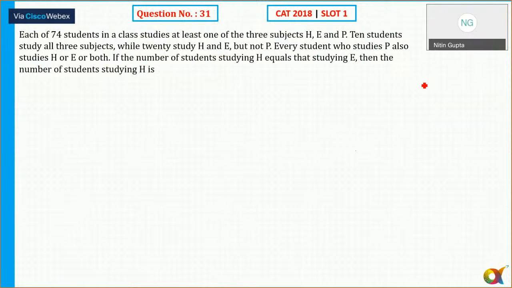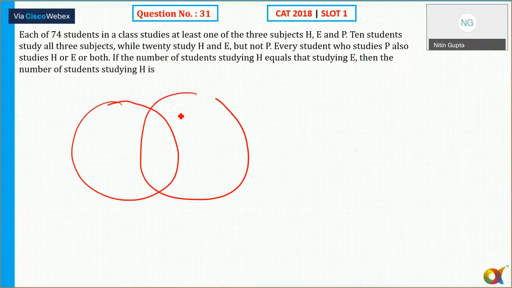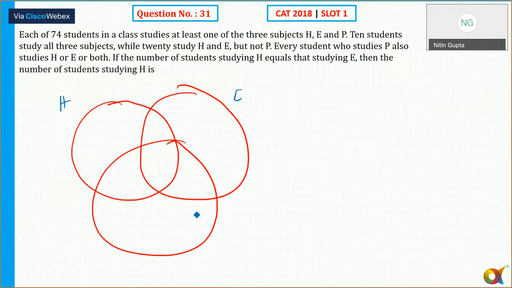Now 31 says each of 74 students in a class studies at least one of the 3 subjects, that is H, E and P. All the 74 students study these subjects. 10 students study all three, while 20 students study H and E but not P. And every student who studies P also studies H or E or both.